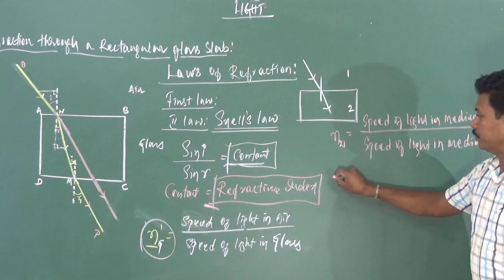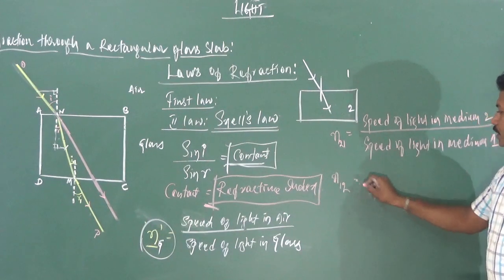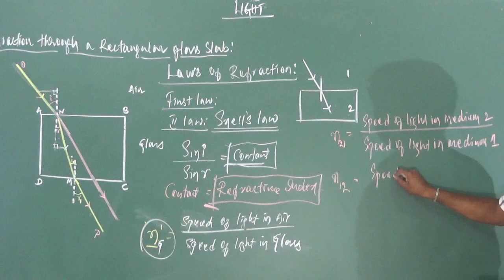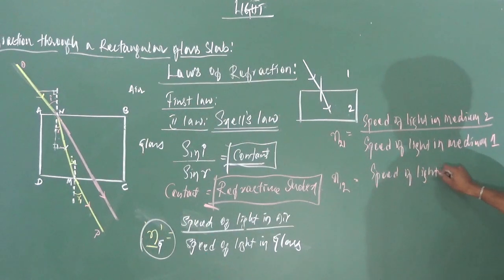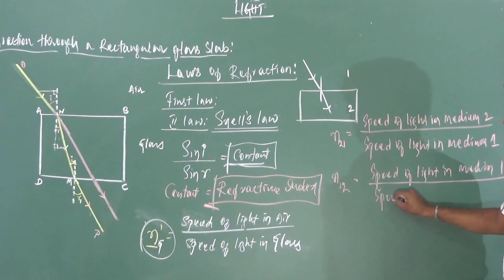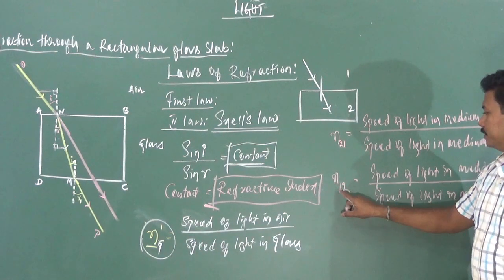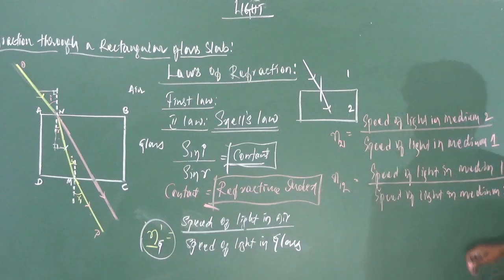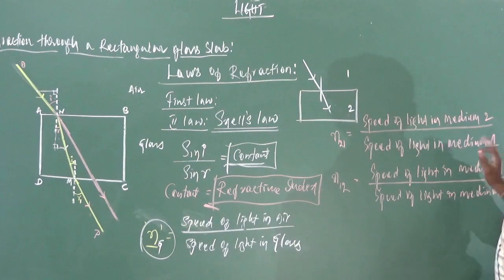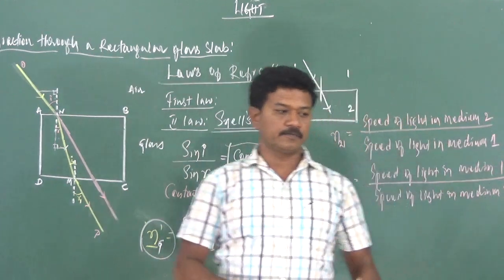If I interchange and write n12, then it is speed of light in medium 1 by speed of light in medium 2. So the refractive index of medium 1 with respect to medium 2 is the speed of light in medium 1 by the speed of light in medium 2.